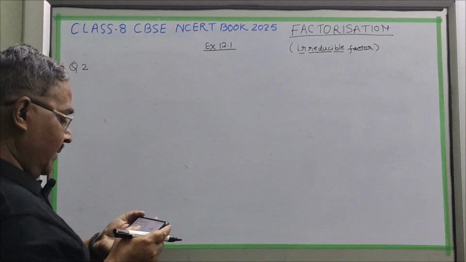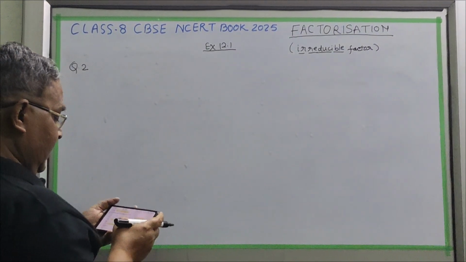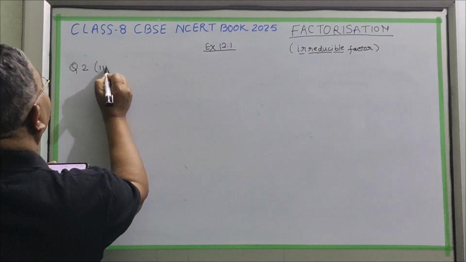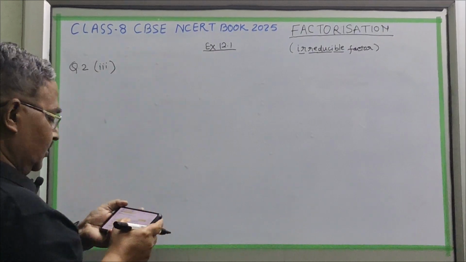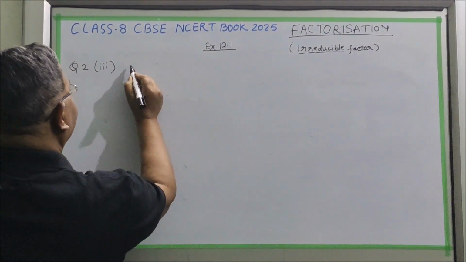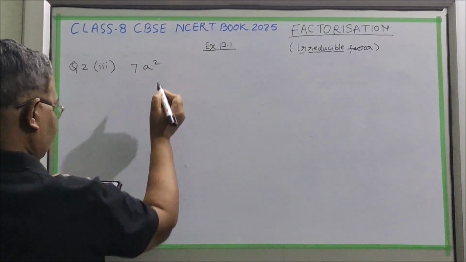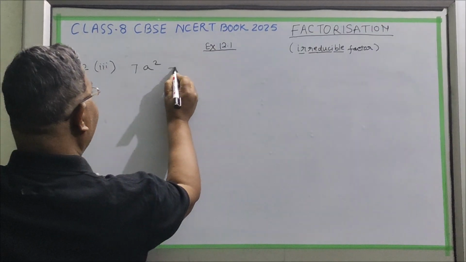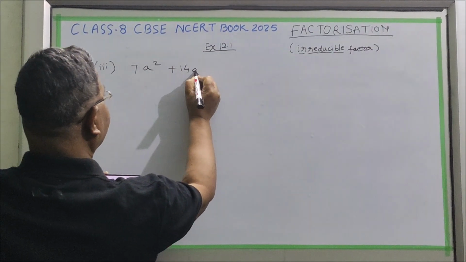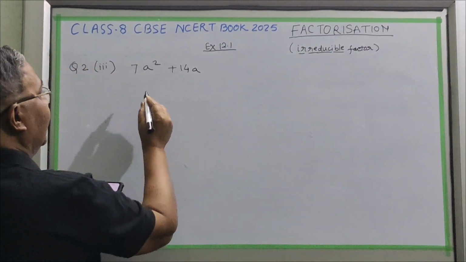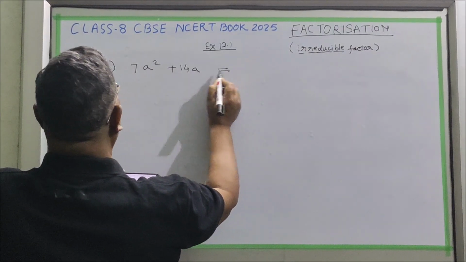Question number 2. You have to factorize the following. I have not taken very simple questions. 7a square, just to give you an idea so that you will be able to do the rest of the questions yourself if you listen carefully.